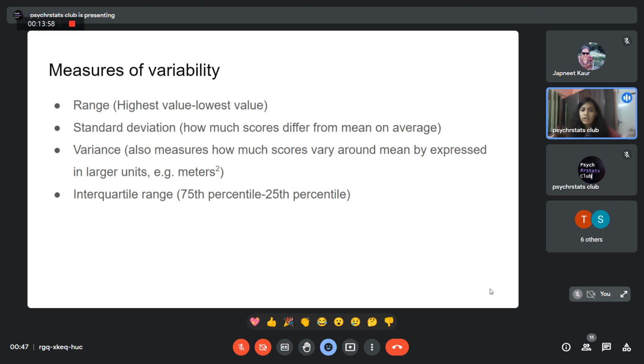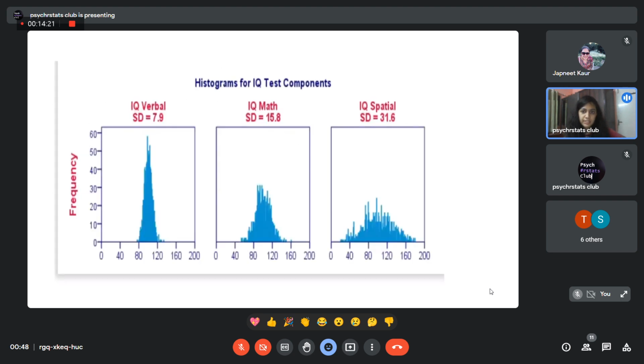If you have a lot of outliers, that is when interquartile range is more robust because it is not being affected by extreme values. So that is when you will see interquartile range being reported. Also, when you report median, usually you will see interquartile range being reported with it. So we will look at how it's reported in the papers.